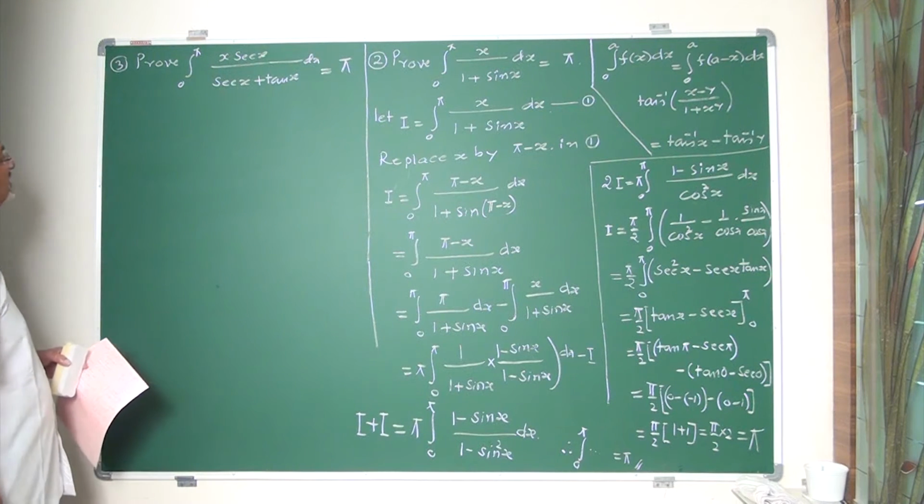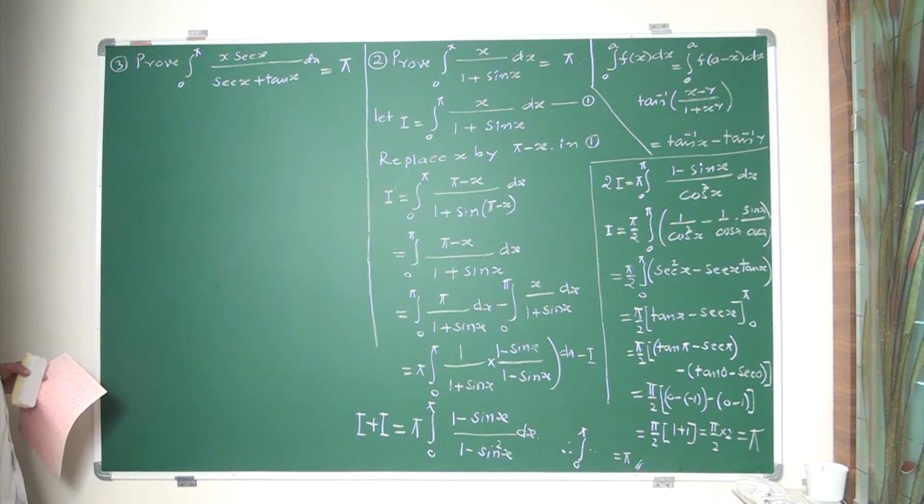Prove that the definite integral 0 to pi x sec x upon sec x plus tan x is pi.